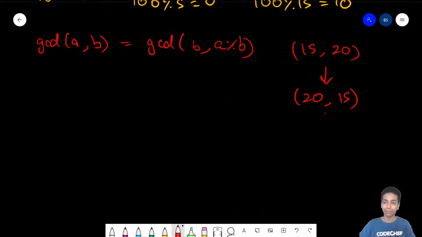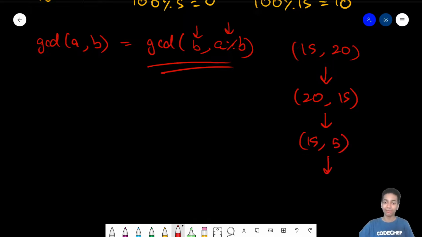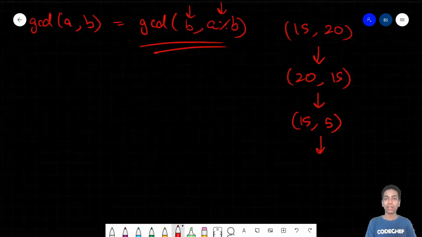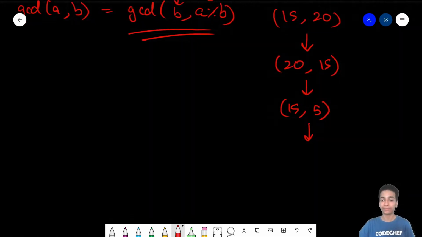This is a really good condition, that we don't need to basically have a condition. This is enough to swap the numbers in the first iteration, and after this, this will always be smaller than this, right? So in the next iteration, it will be 15 and 20 mod 15, that is 5. And again, we can see that it will terminate, because at each step we are reducing the numbers, right? This is not an infinite condition.